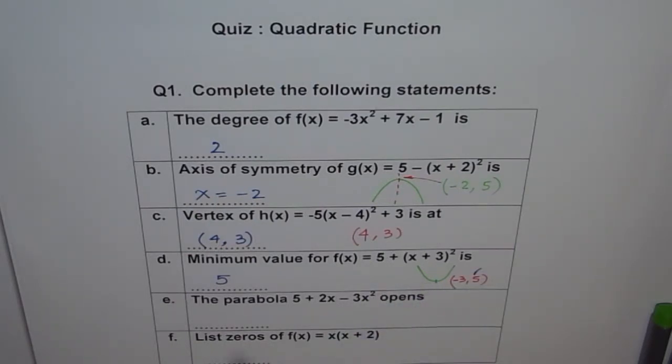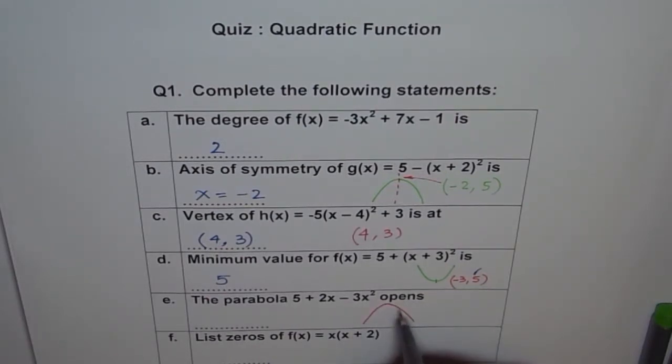The parabola 5 plus 2x minus 3x squared opens in which direction? So what students do is they always look into the first term, and they find the first term as 5 and they think it's positive, and they think the parabola is opening upwards, which is wrong. The leading coefficient here is minus 3. Do you understand? That minus makes it opening downward.